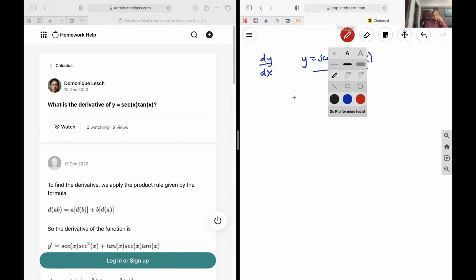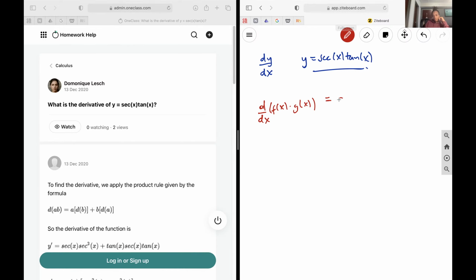Okay, so we'll be making use of the product rule, which just states that d over dx of f of x by g of x is equal to df over dx by g of x plus dg over dx by f of x.